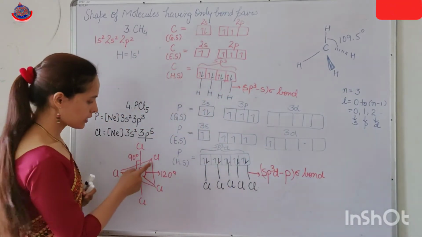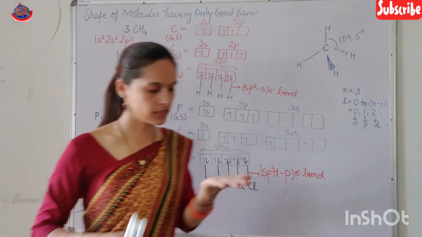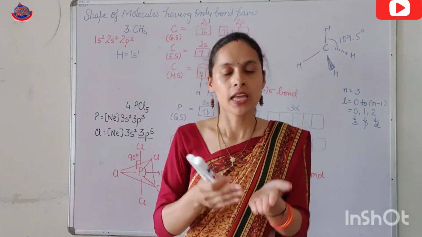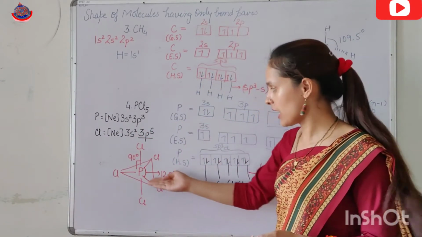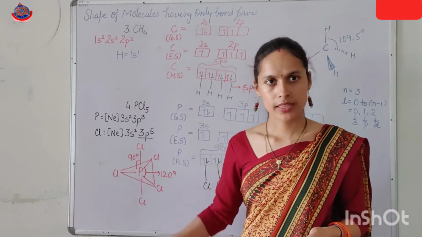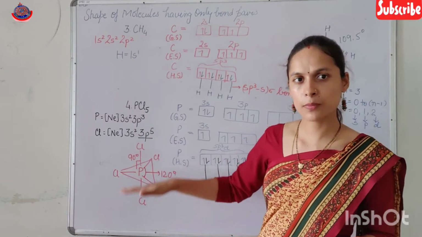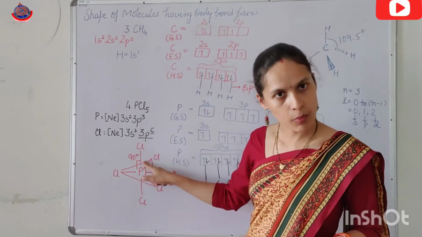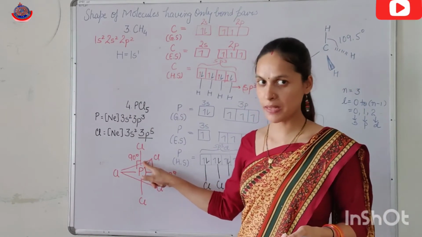So what happens? The bonds which are present in the plane repel the bonds which are present above and below the plane, because here the angle is 90 degree. The bond angle is less, as a result of which repulsion is more.